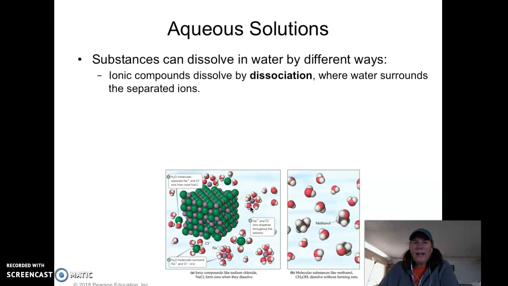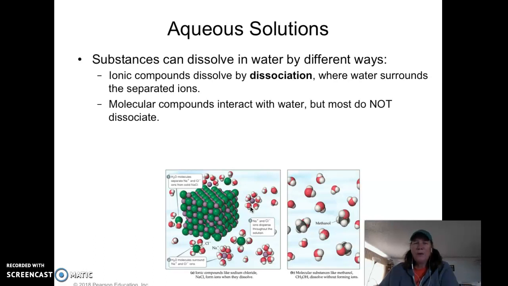An ionic compound is made out of a metal and a nonmetal. It has ions, positively and negatively charged particles. Because of those charged particles, water can help dissociate it. The water surrounds them and it's kind of like Pac-Man, just pulls them right out. If it's a molecular compound, some of them interact with water and some of them don't, like sugar will.